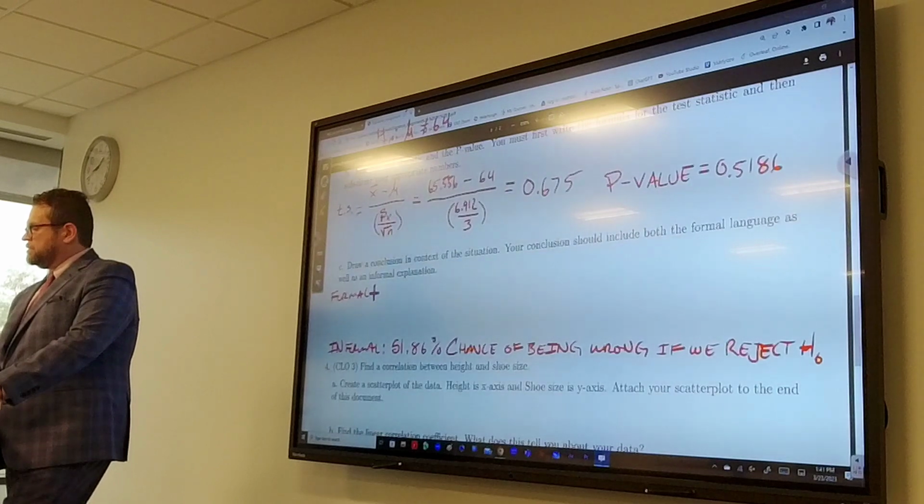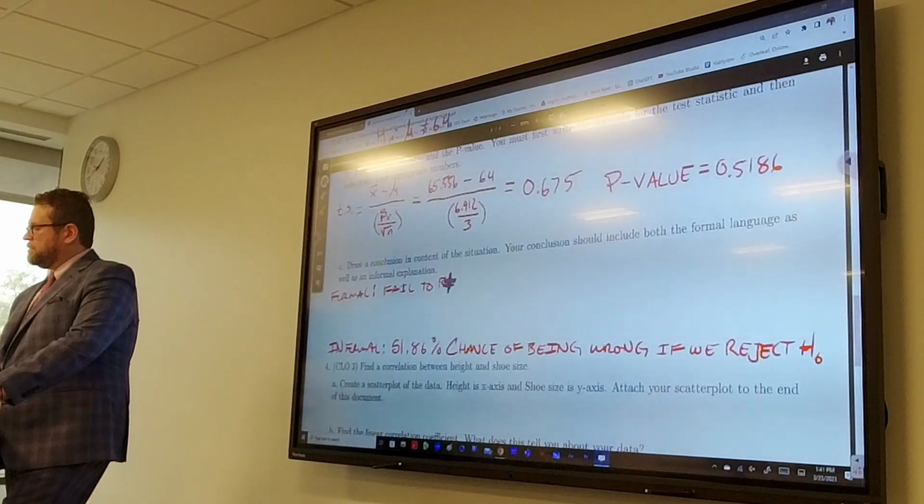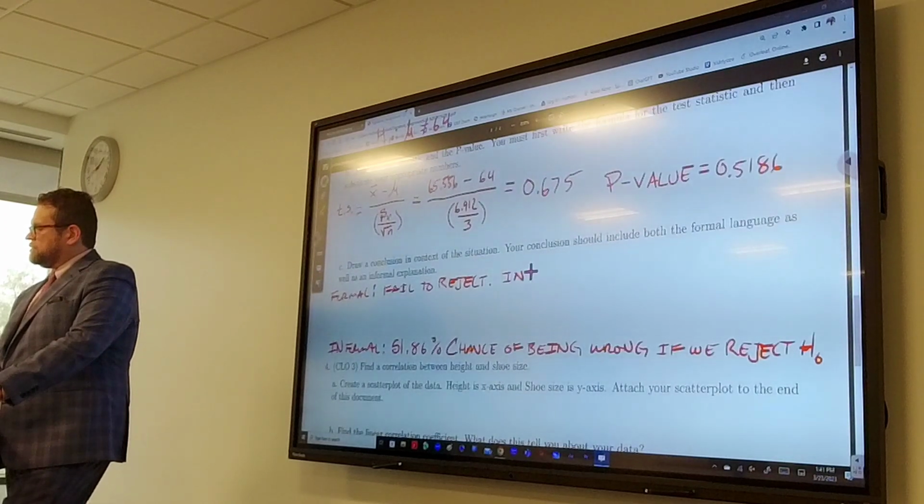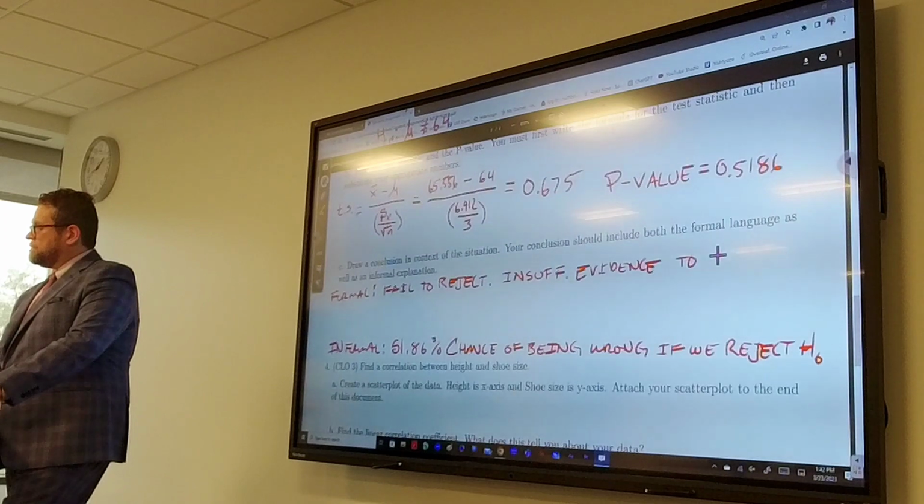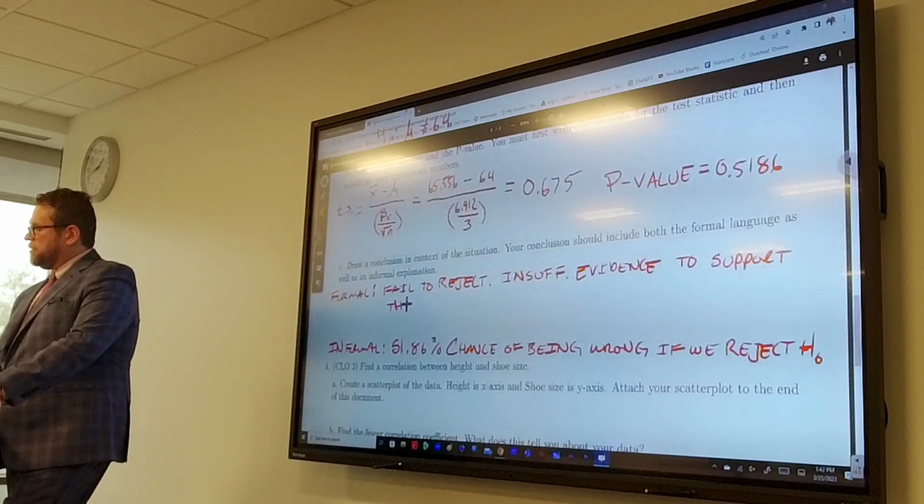Formally, however, we would say fail to reject. There's insufficient evidence to support the claim of the alternate hypothesis.